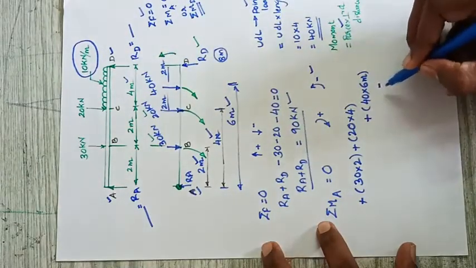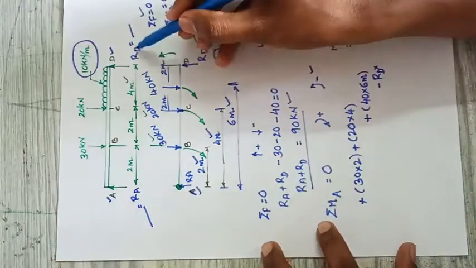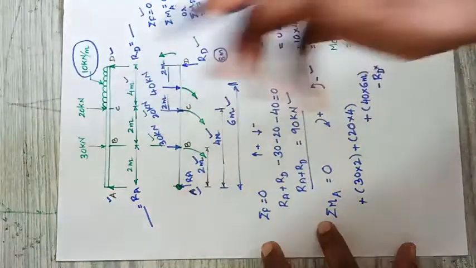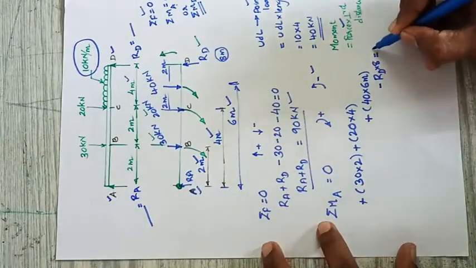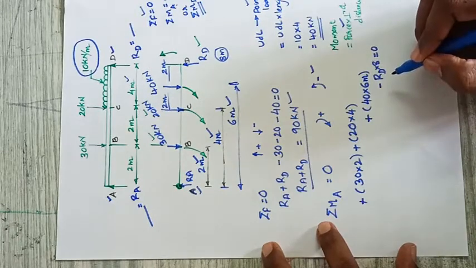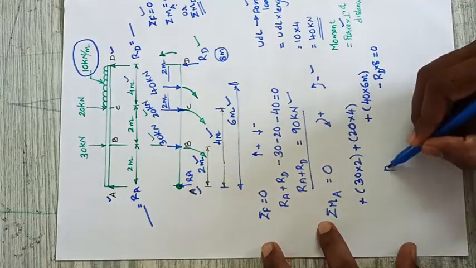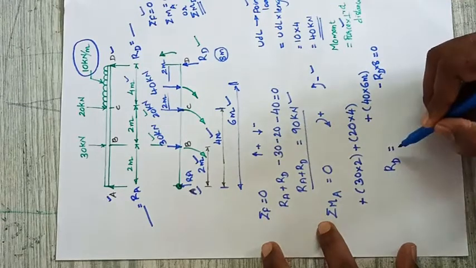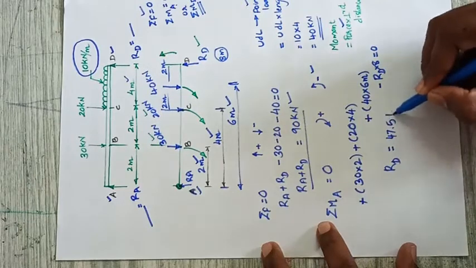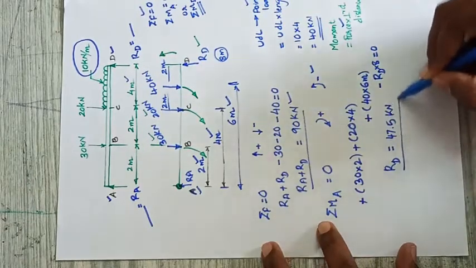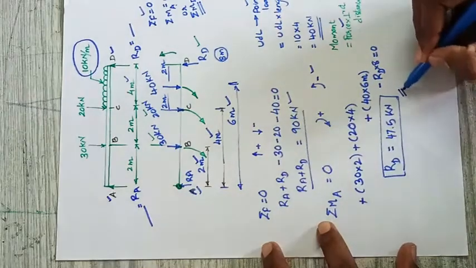So minus RD into the length, the total length from point D to point A is 8 meter, equal to 0. Therefore, if we solve this, we will get the RD value as 47.5 kilonewton. This is the answer for the reaction at point D.